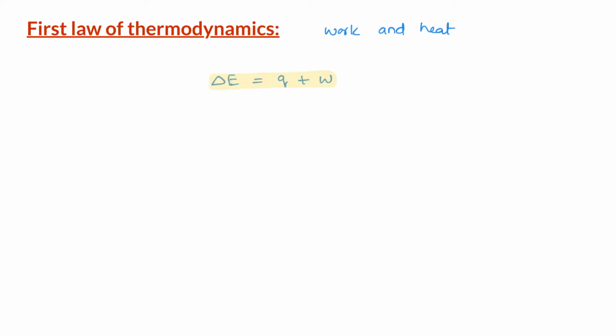Delta E is equal to Q plus W, where delta E is the change in internal energy of the system. That is, delta E is equal to E final minus E initial. Q is the amount of heat transferred to or from the system, and W is the amount of work done by or on the system.